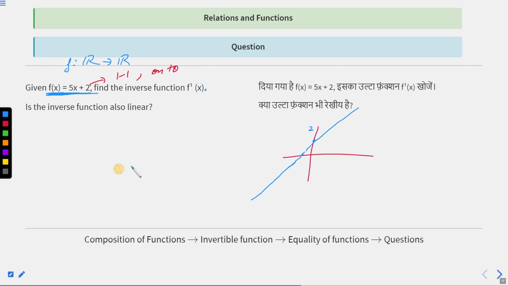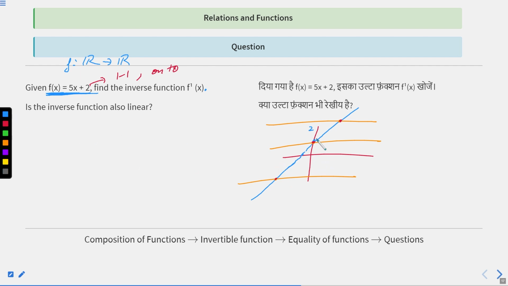From here you can perform the horizontal line test, and you will find out that your horizontal line will cut at exactly a single point, not more than that.